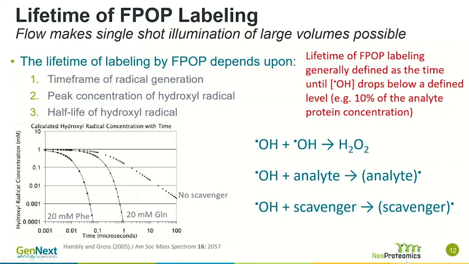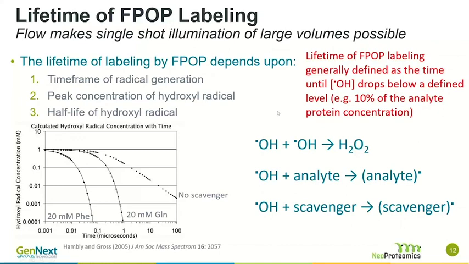Now, using this information, people have done simulations of the lifetime of hydroxyl radicals because we want to keep the lifetime to that long nanosecond to short microsecond regime that we need to prevent labeling of artifactual conformations.